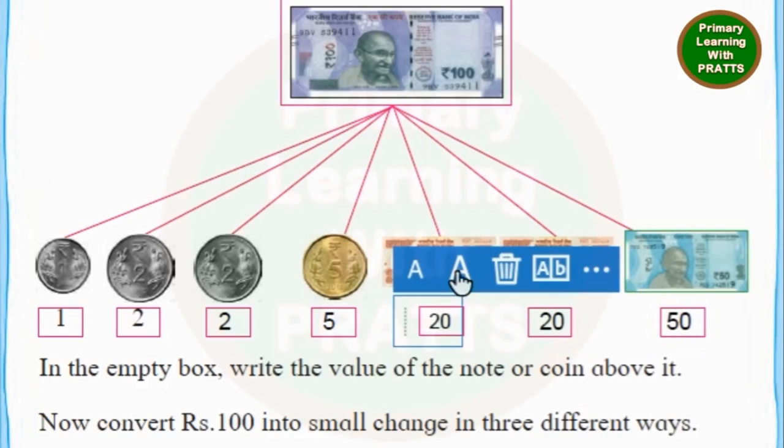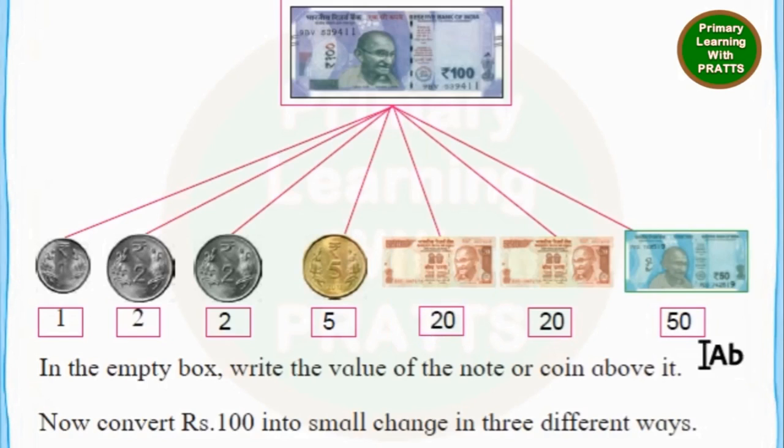Just so you can see it better. Alright. So now let's count. 50 plus 20, 70. 70 plus 20, 90. Now, if you have trouble counting 50 plus 20 plus 20, what you can do is to count it easily and faster.